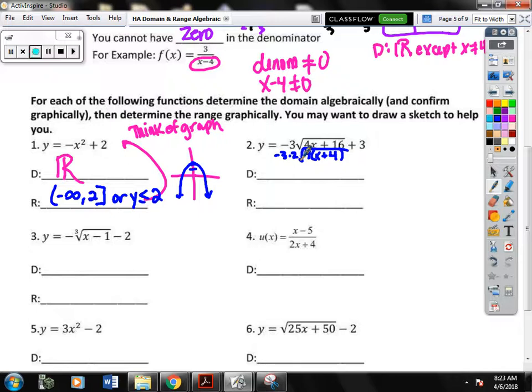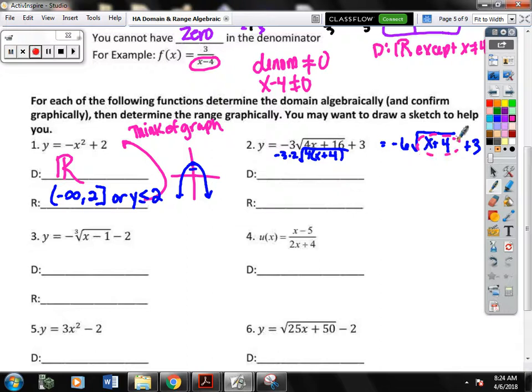And so we would end up getting negative 6 square root of x plus 4 plus 3. So if you want to simplify it, it could help you to see what's going on with the stretch or the shrink.